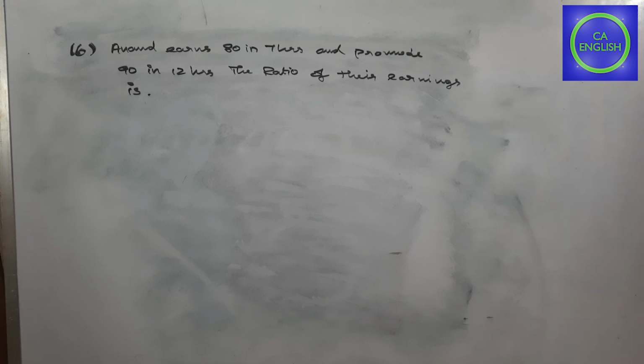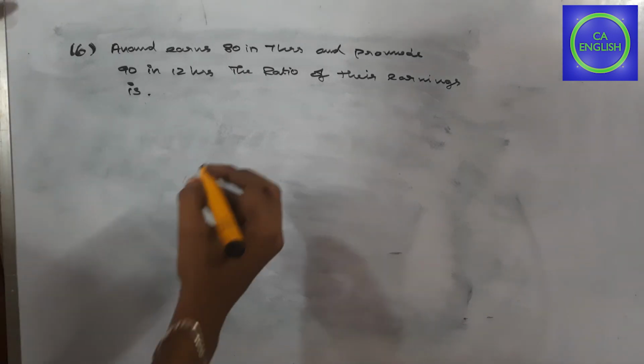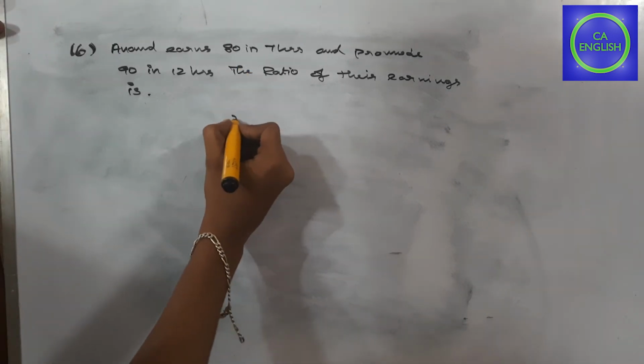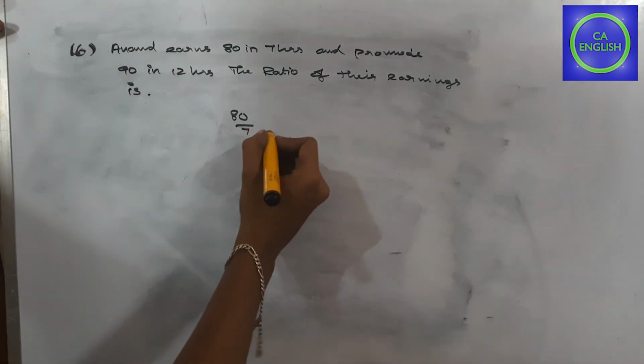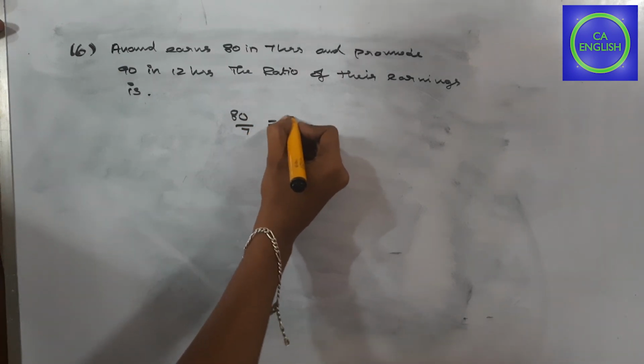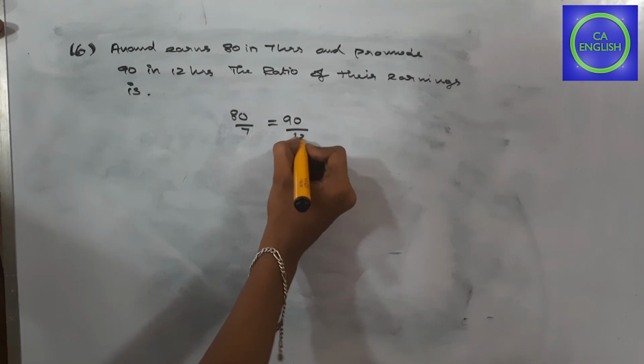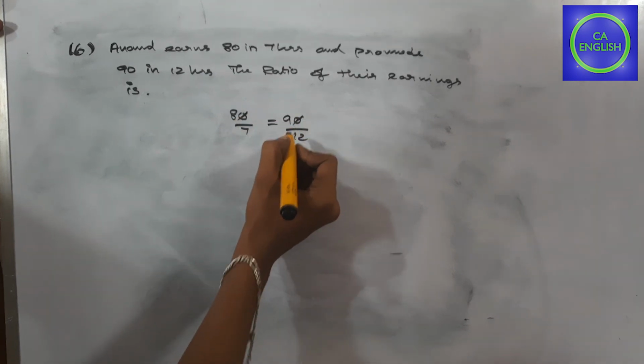16th sum. Anand earns 80 in 7 hours and Pramod earns 90 in 12 hours. The ratio of their earnings. Here in this sum they have given the details, and we want to find the ratio. There is a simple way to solve this sum. First write the given: 80 divided by 7 divided by 90 divided by 12. Cancel off the zeros.